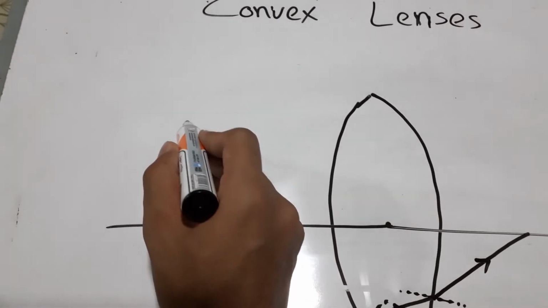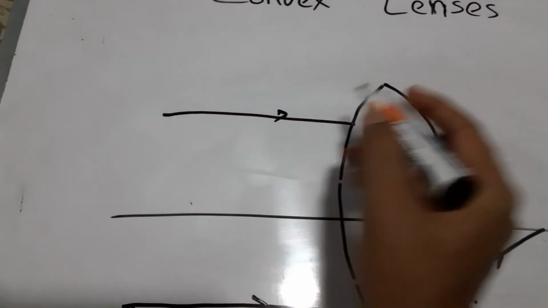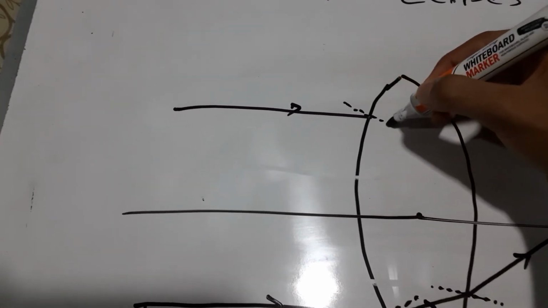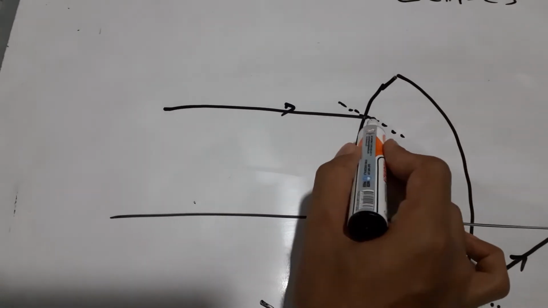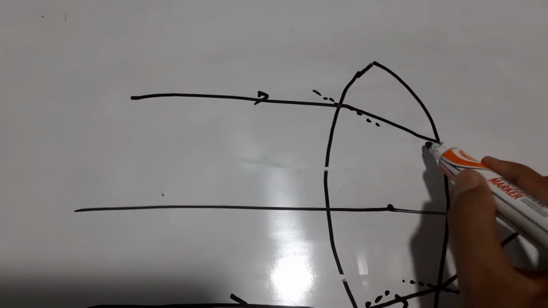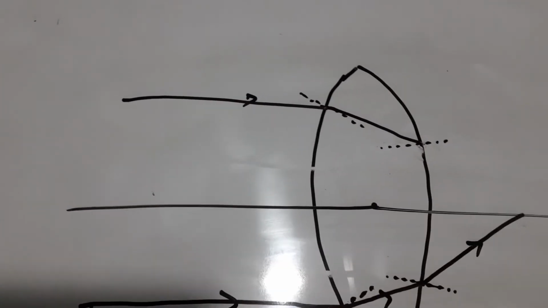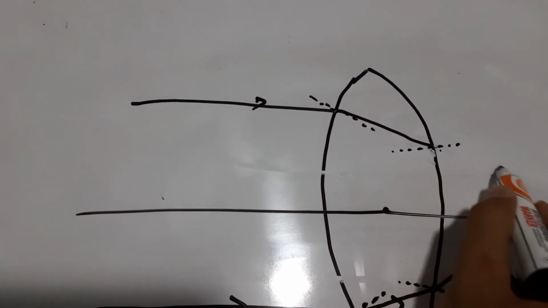If I draw another one from the top, the same thing happens. If I draw the normal, it will refract towards the normal. And if I draw another normal here, it will be refracted away from the normal. So this was the path.